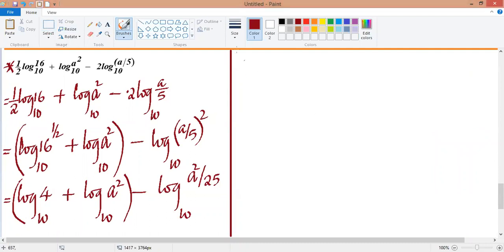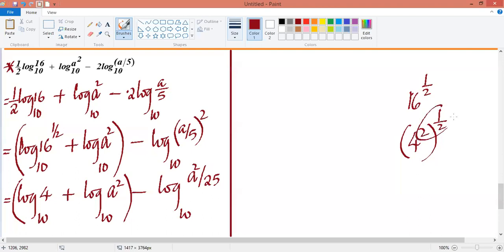Teacher, why did you choose to find the square of 16 yet the log was a half? I didn't square 16. I have 16 to the power half. That half becomes the power of 16. Then we write 16 as 4 squared to the power half.